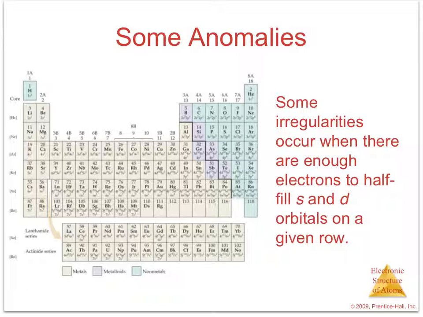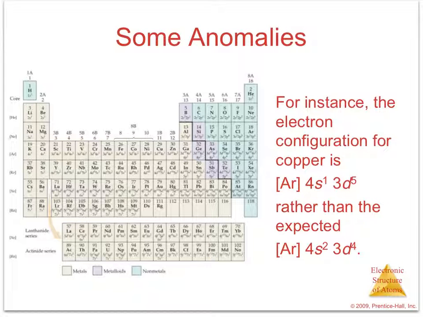Its actual electron configuration is 4s1, 3d5, not the expected 4s2, 3d4. And there are some other exceptions too. Most notably, copper is 4s1, 3d10. Silver is 5s1, 4d10, and there are a couple others that are like that as well. And those are the exceptions that I described.